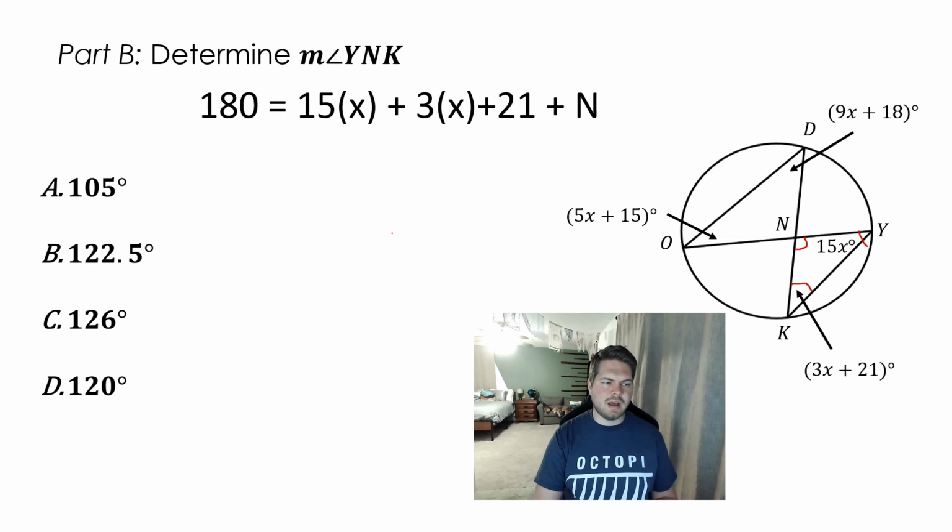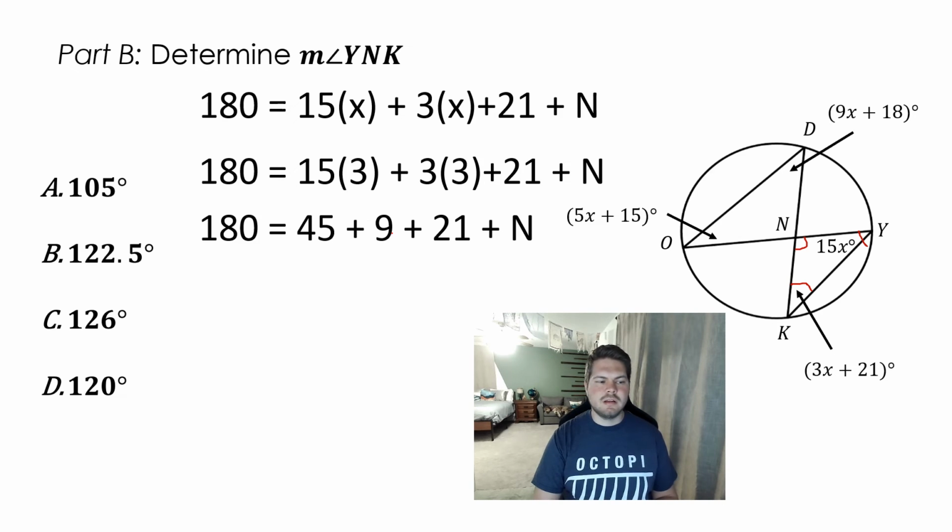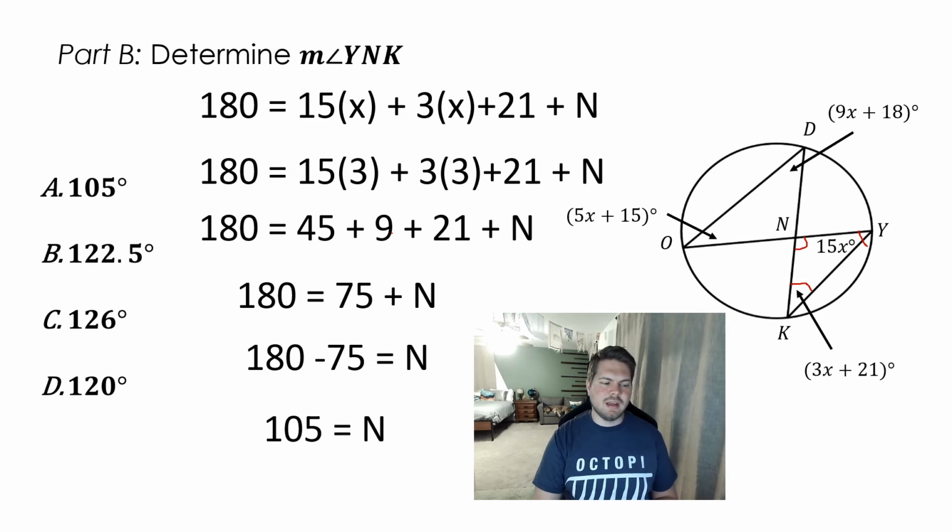So let's go ahead, and 180 equals 15x plus 3x plus 21 plus angle N, which is what we're looking for. Let's plug in our 3. And then we get this, combine like terms. And then now let's bring the 75 to the other side. And we get that N equals 100.